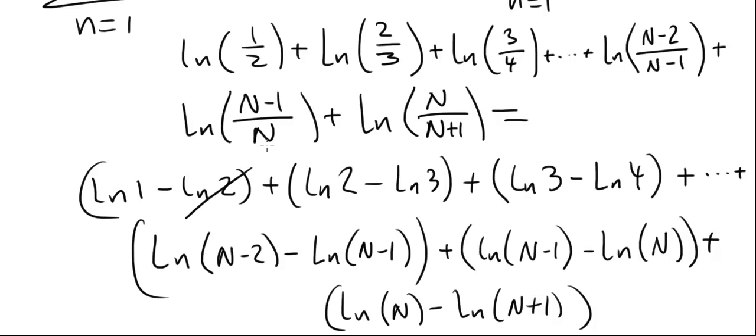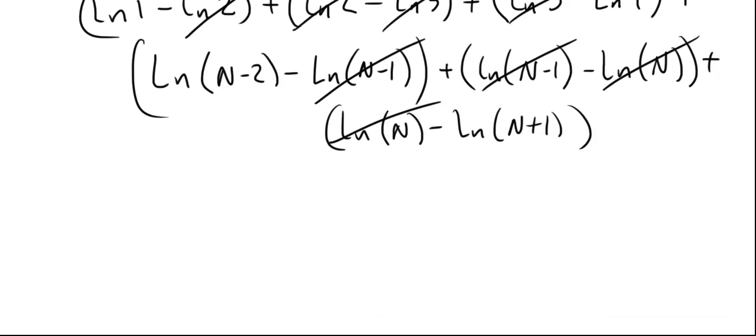So here's ln of 2 and minus ln of 2, minus ln of 3 and ln of 3, and so on. All the terms cancel in between except for two. Ln of 1 here, which is 0, and then here minus ln of N plus 1.